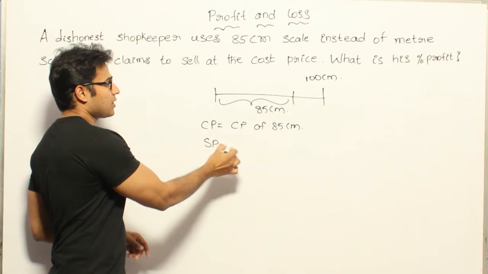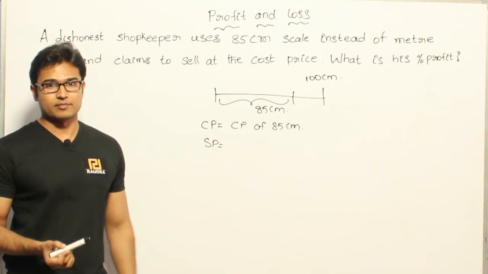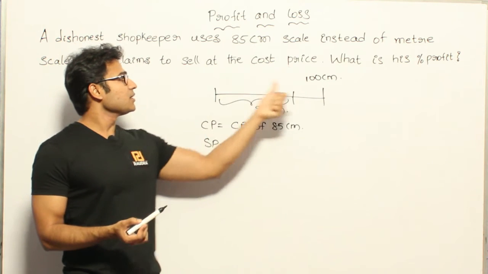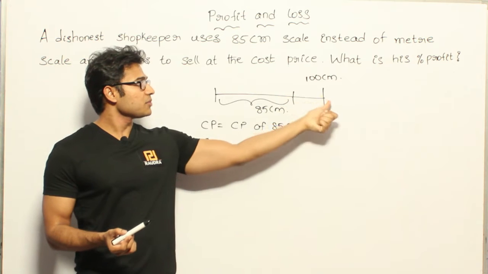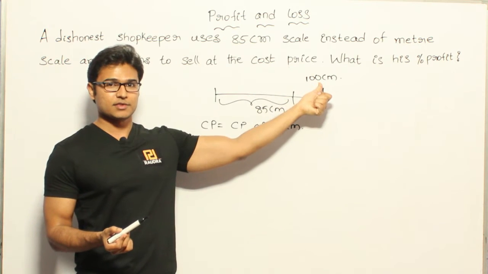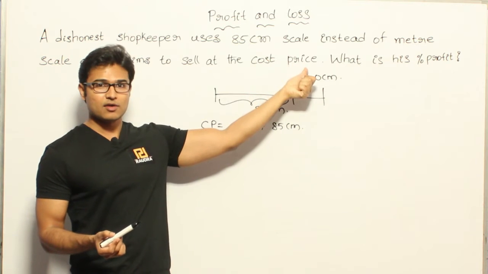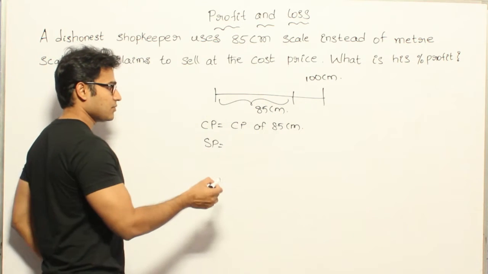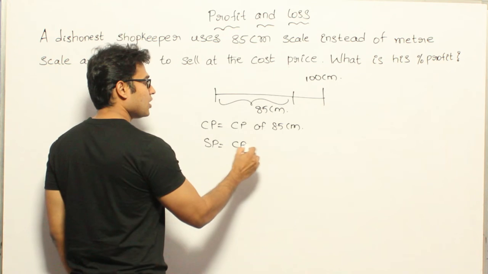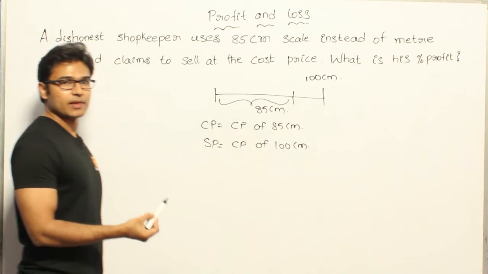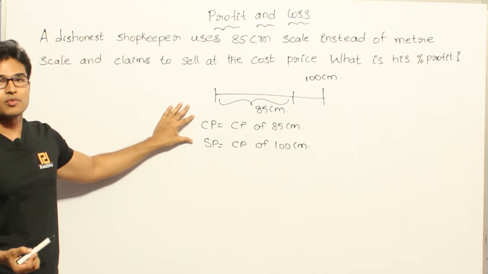Selling price is what the customer pays him, isn't it? He will be paying him the cost price of 100 centimeters. Why cost price? Because he is saying that he is selling at cost price, therefore for him the selling price is equal to the cost price of 100 centimeters. Got it?